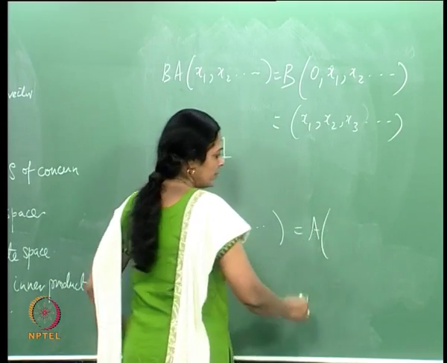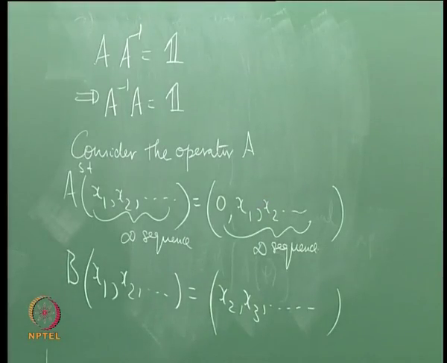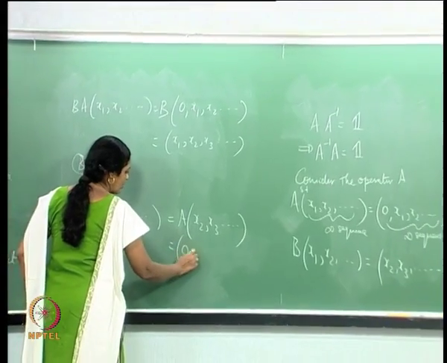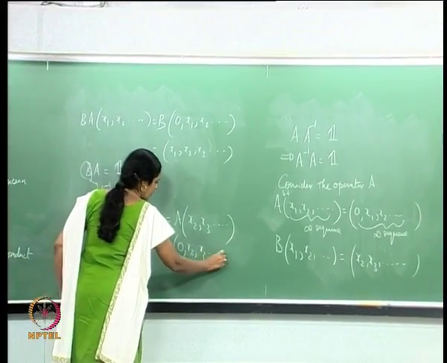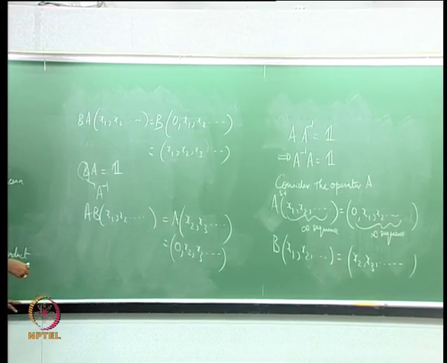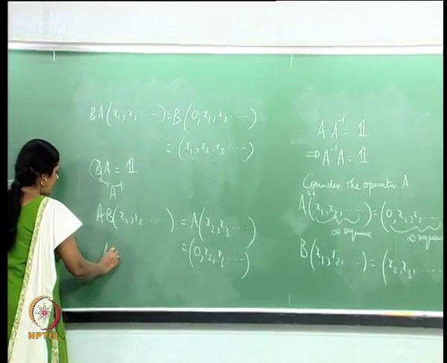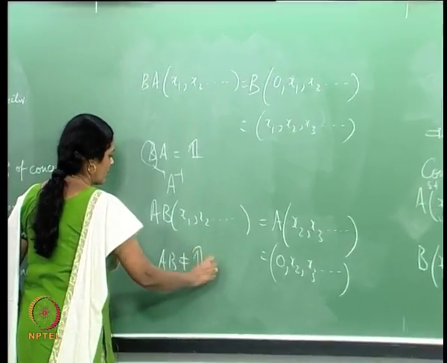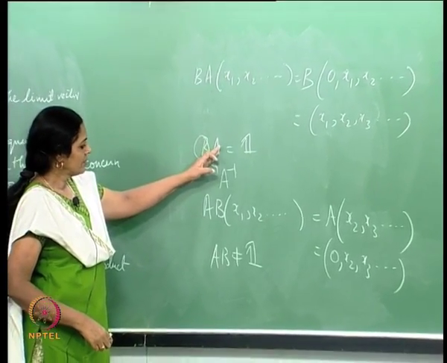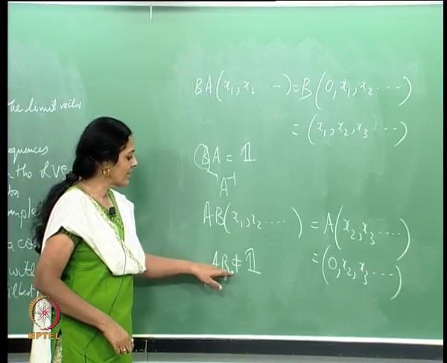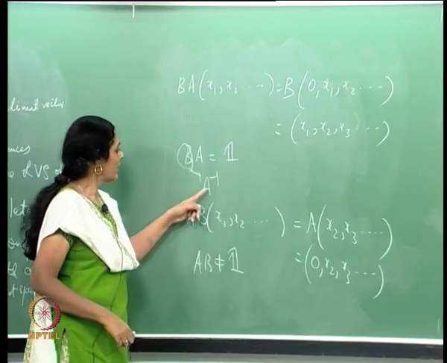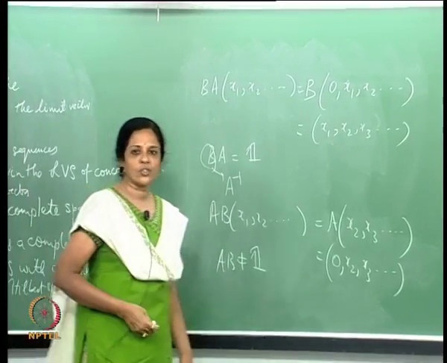B acts on the sequence to just give me x2, x3, and so on, and A simply puts a 0 in front. Therefore, I do not get the original sequence back. That means that AB is not equal to the identity operator. So the fact that there is a left inverse does not guarantee that there is a right inverse. It does not guarantee that A A inverse is identity, where I have identified B with A inverse in this problem.